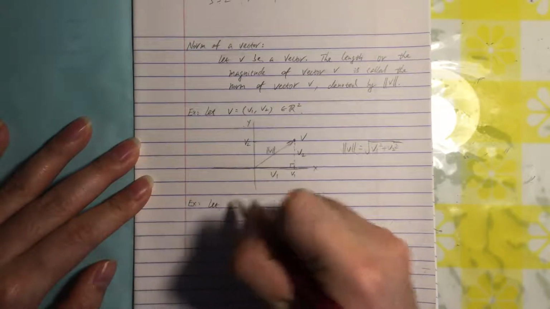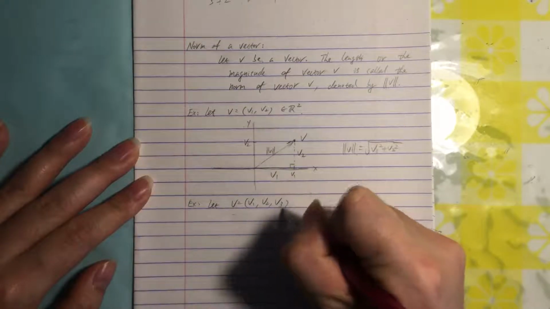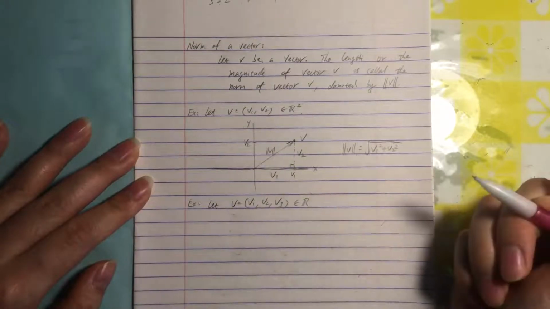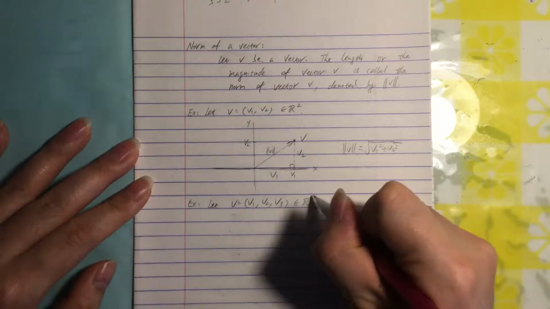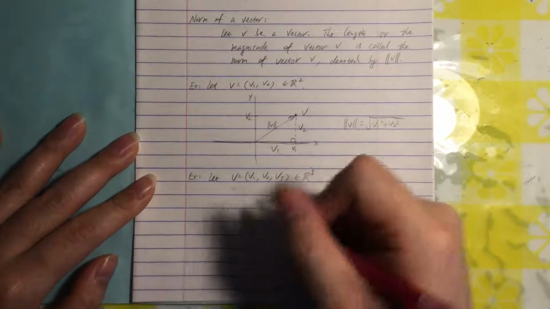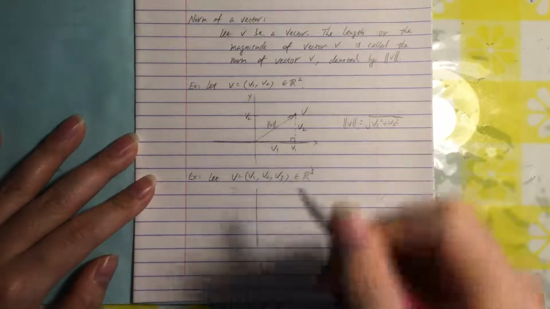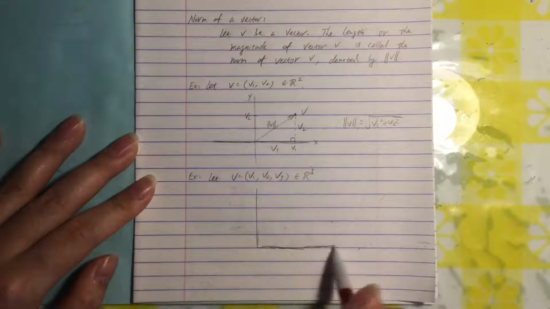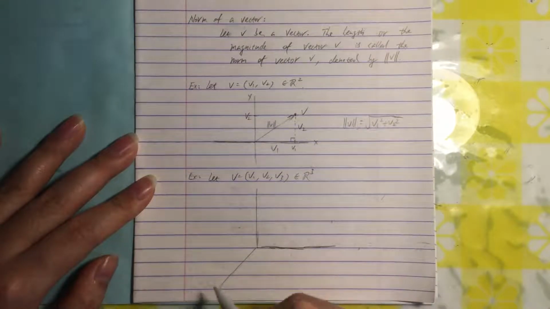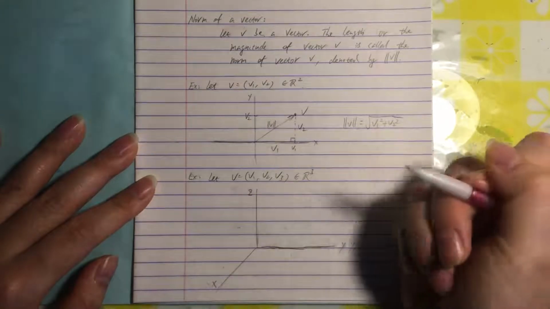Next example, let V equal V1, V2, V3 in R3. How can we find the norm of V? In R3, there are three axes: the x-axis, the y-axis, and the z-axis.